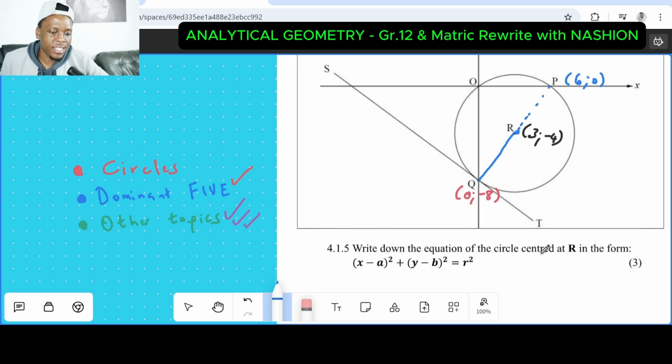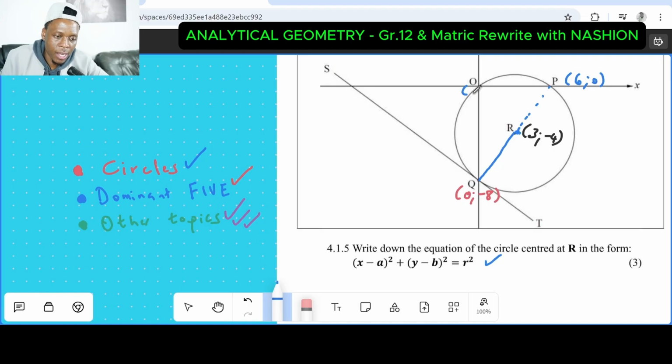Next customer, please. Write down the equation of the circle. Finally, they're asking something which is directly related to a circle. Write down the equation of the circle centered at R in the form like this. So this is a circles question. And when it's a circles question, we have to ask ourselves, is it center origin or center away from origin? So R is away from origin.